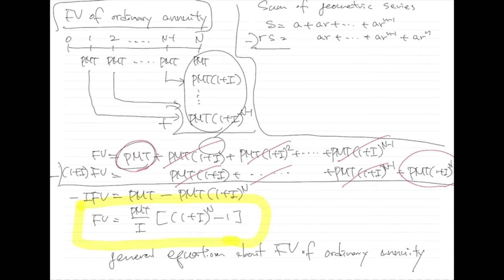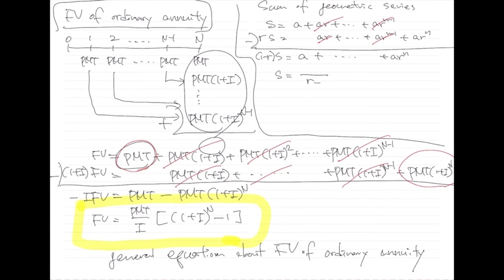And subtract these two, (1 minus R)S, and this term can be erased, right? And finally you get A minus AR^n.